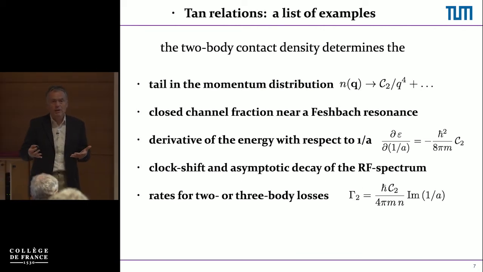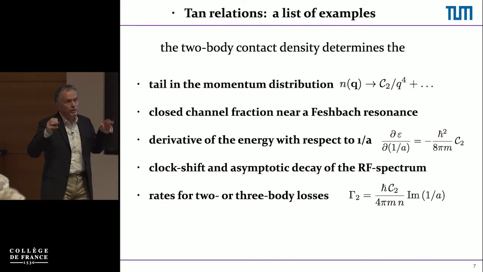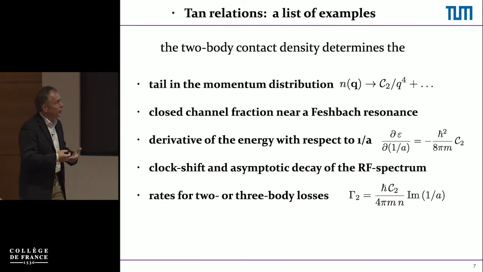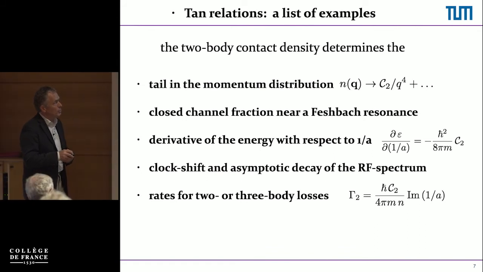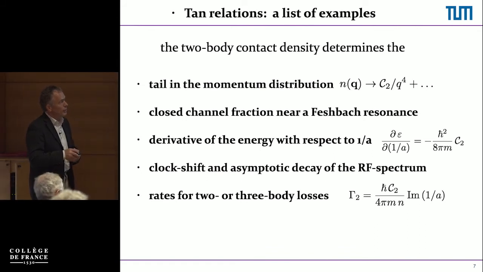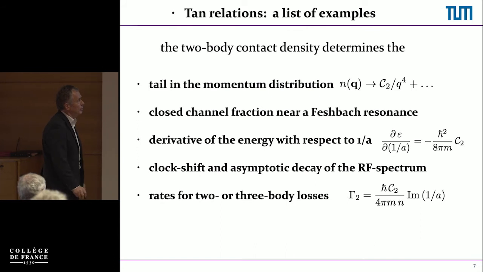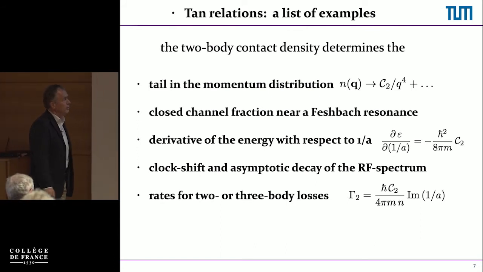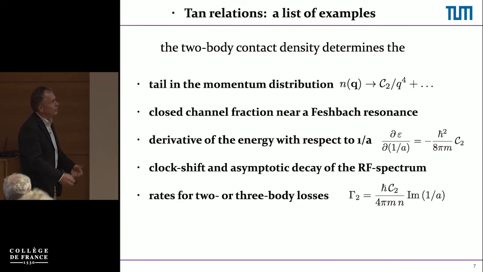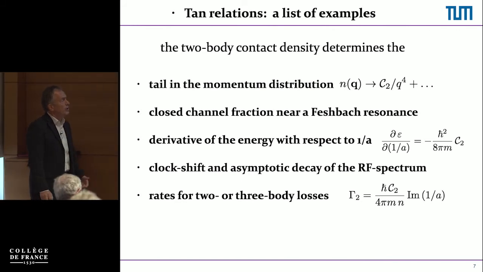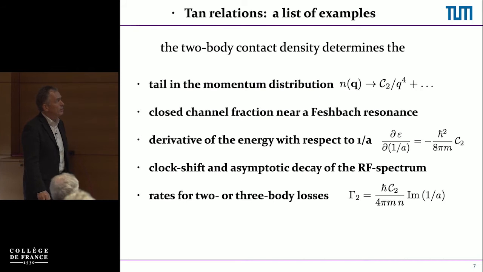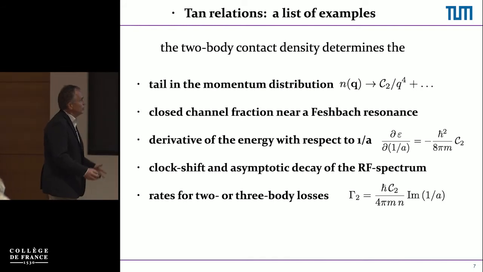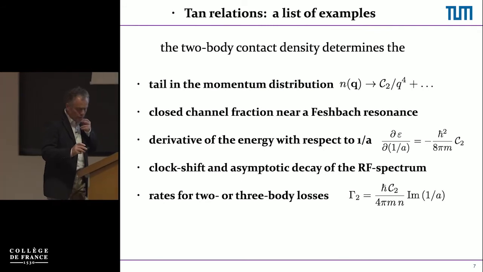That recovers the qualitative results of Kagan et al.: the probability of having two particles together is determined by this C2, and in this relation you get the two-body decay rate. So these are a few examples that show that this contact density appears in many observables, and there are quite a number of others. I'm not able to deal with them.